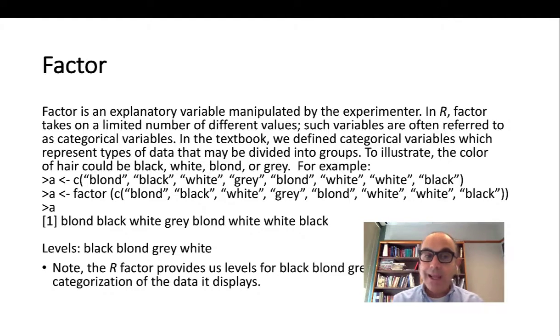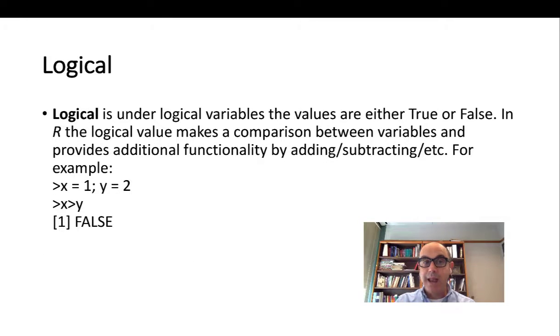So this is the idea of a factor when we deal with categorical variables, and we will see that throughout the semester. So the levels are black, blonde, gray, and white, and note that our factor provides us levels that are categorical to the data it displays.